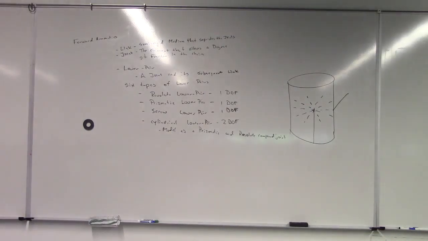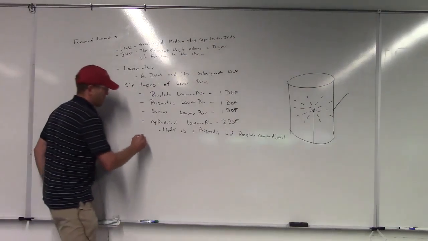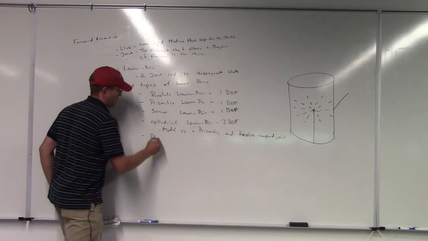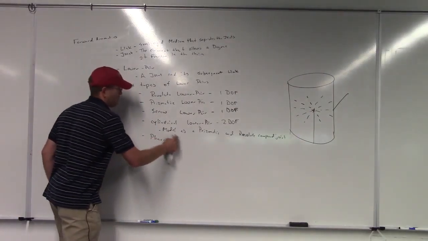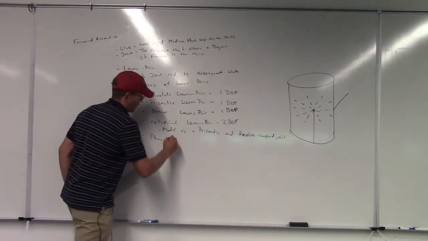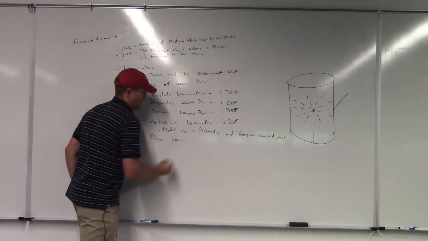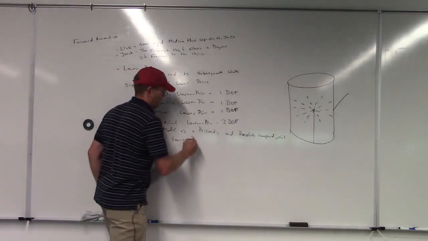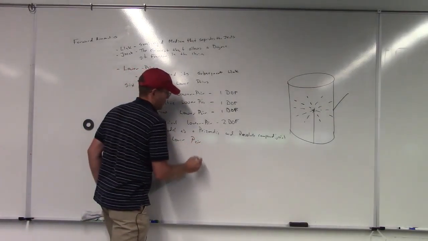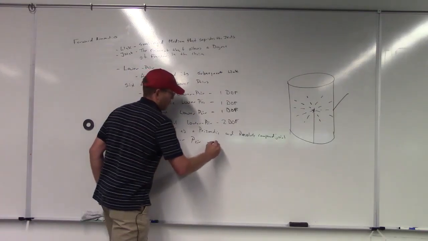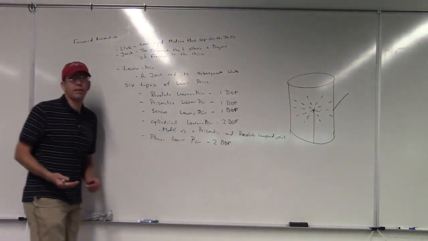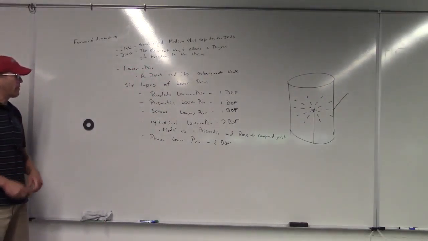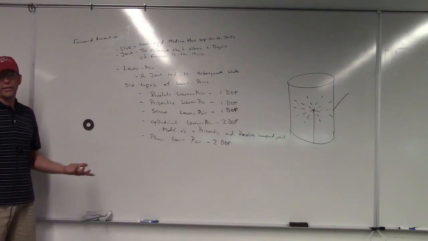Okay, so the one other, or actually 2 other types. One of those 2 other types is a planar lower pair. This is distinguished from the planar robot that we're going to be modeling next week. This likewise has 2 degrees of freedom. In fact, we could probably say that we have a spatial lower pair with 3 degrees of freedom.